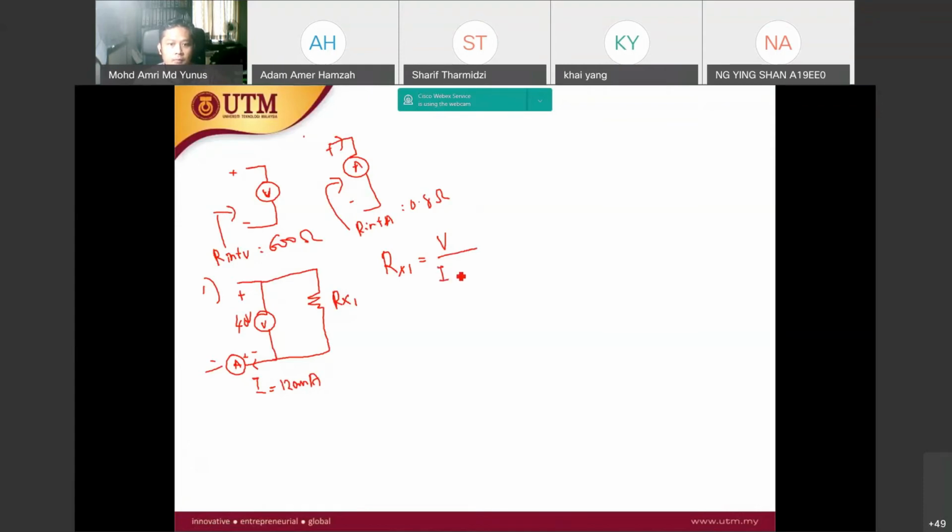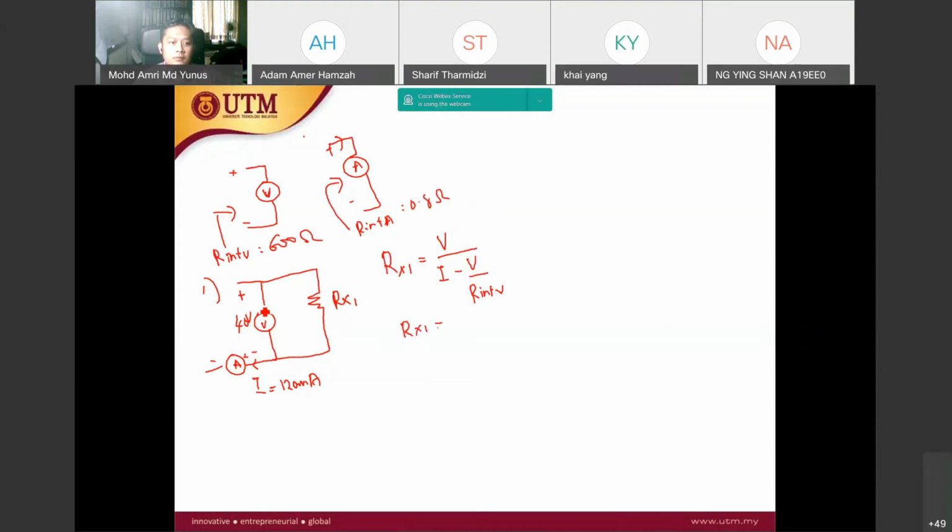So by using the voltmeter and ammeter, this is basically the calculated value Rx1.